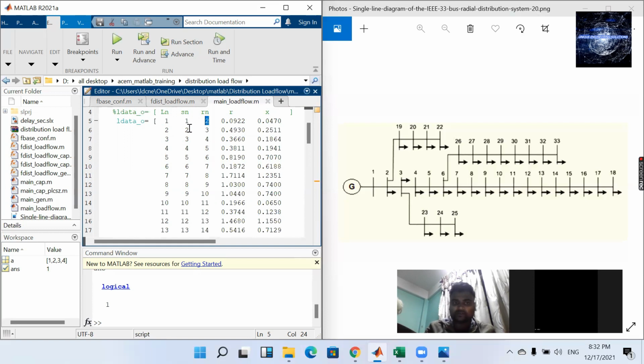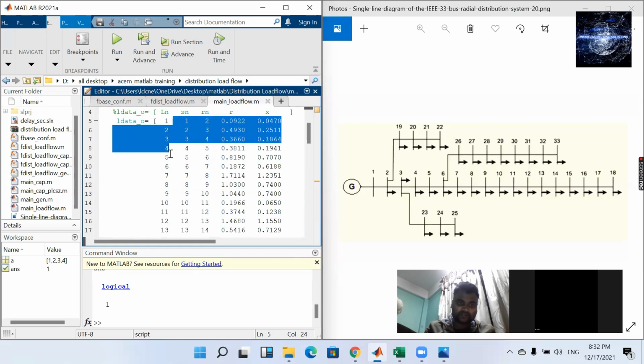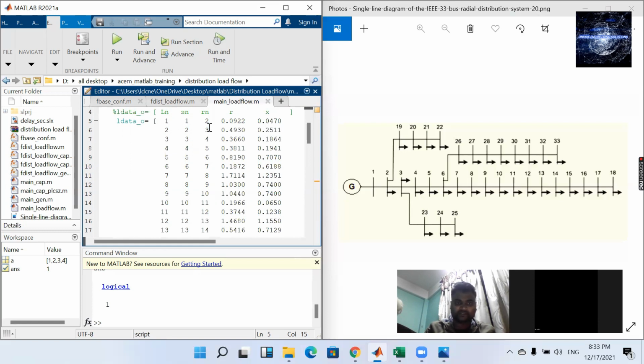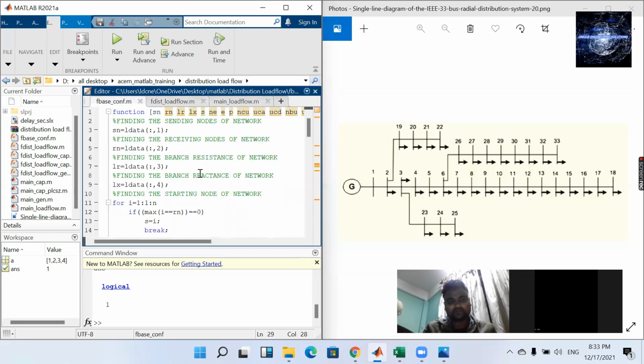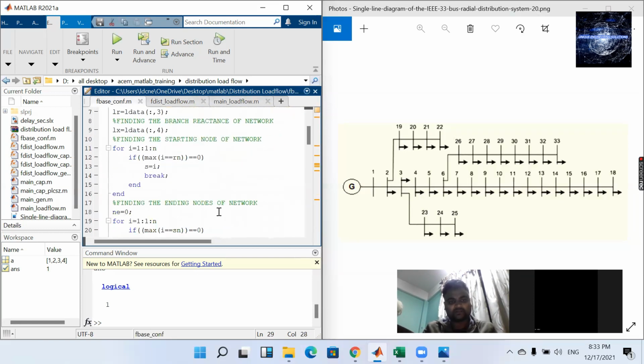Here we can see that the line number is also like that, because 2's index is 1 and line number is 1, 3's index is 2 and line number is 2. So the index of the receiving end node is equal to the line number in our case. That's how we can find the line number.